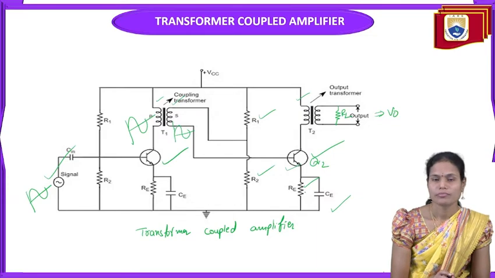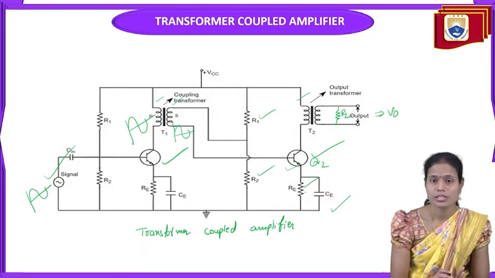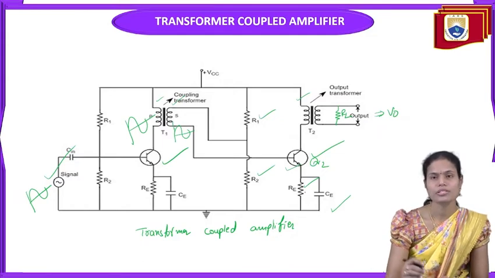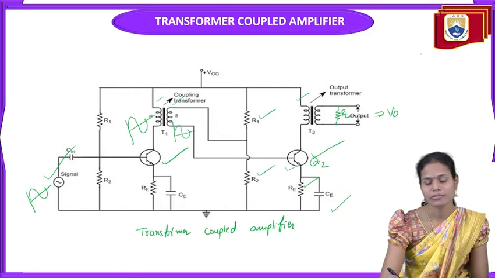So what is the basic difference between the single stage amplifier and this two stage amplifier? A single stage amplifier provides some amplification, giving some voltage gain AV. But in the two stage amplifier, the voltage gain is multiplied.